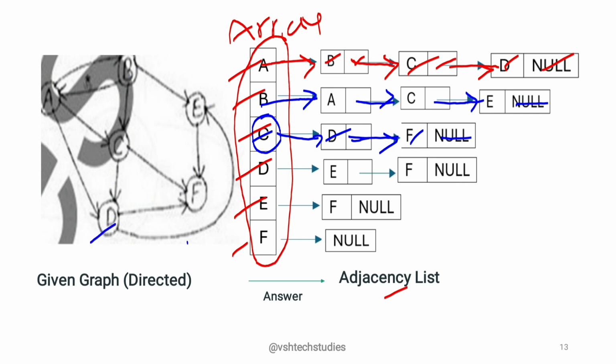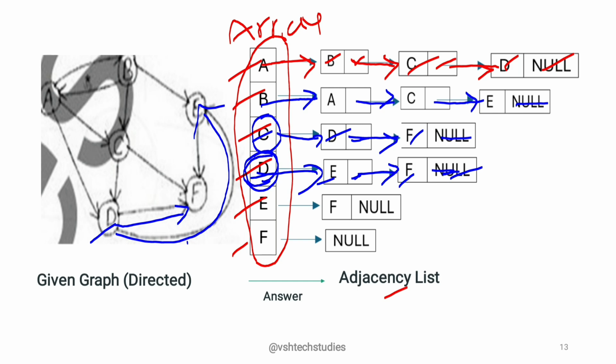Next, taking D, D is connected with an arrowed line to F, and it is connected to E also. So in the memory location which corresponds to vertex D, the address of node E is stored, and in the memory location associated with node E, the address of node F. In the memory location associated with node F, null is stored.